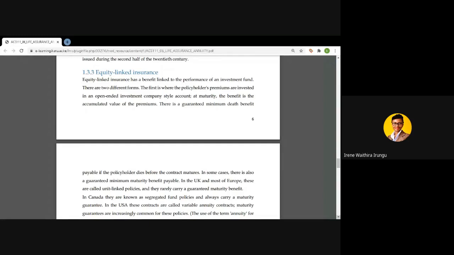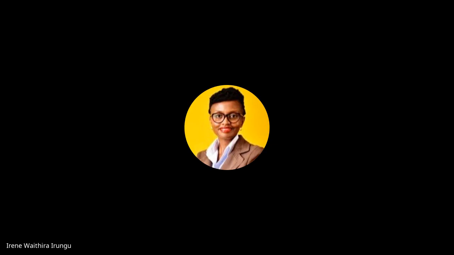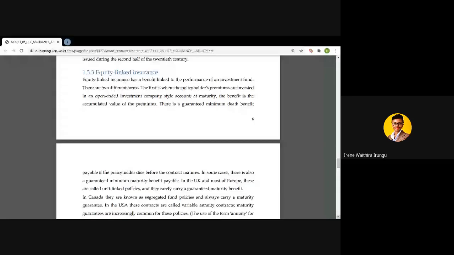The first form is where the policyholders' premiums are invested in an open-ended investment company style, so that at maturity, the benefit is the accumulated value of the premiums. So you see the distinction here. In this case, the sum assured payable is tied to how much the premiums have now accumulated in value.